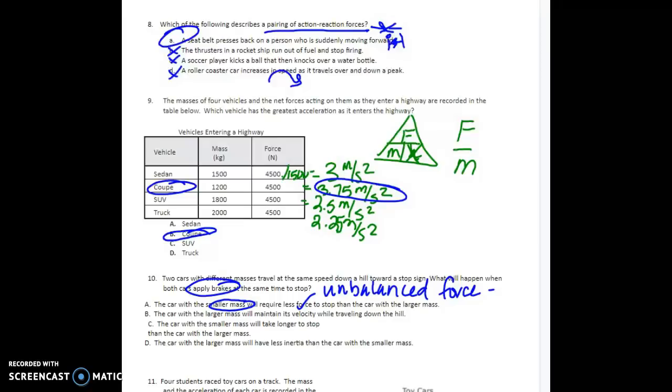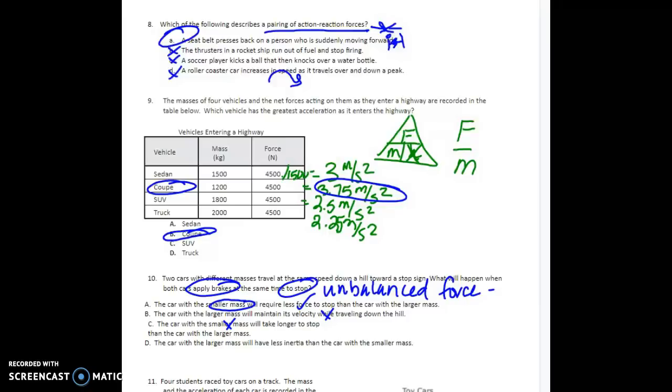B, the car with the larger mass will maintain its velocity while traveling down the hill. Well, the statement clearly says that they both will apply the brakes at the same time to stop. So they are going to stop. And C, the car with the smaller mass takes longer to stop. The second law says nothing about the time it takes to stop.